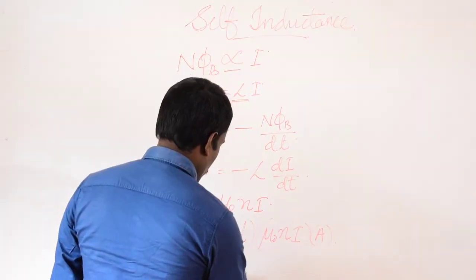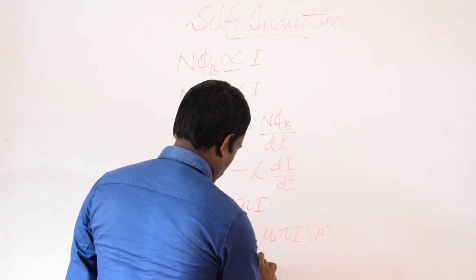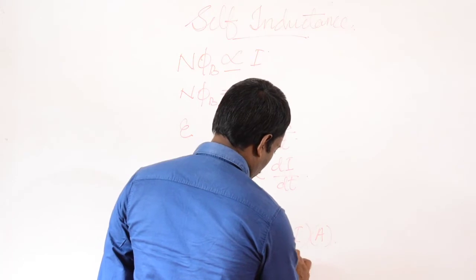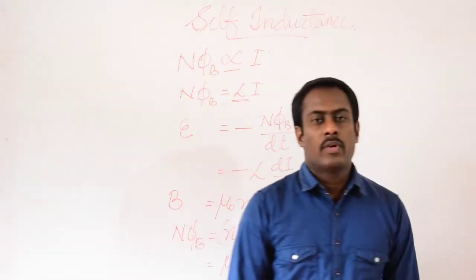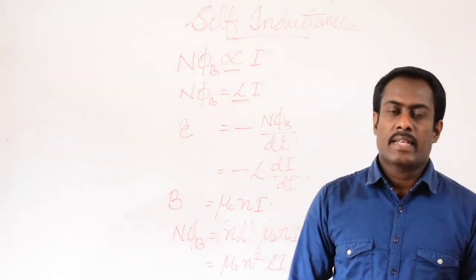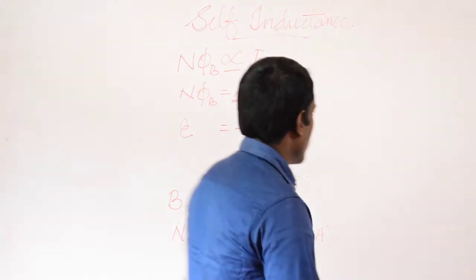That is equal to mu 0 into N square L into I into A, where N is the total number of turns of the coil. What is self-inductance?